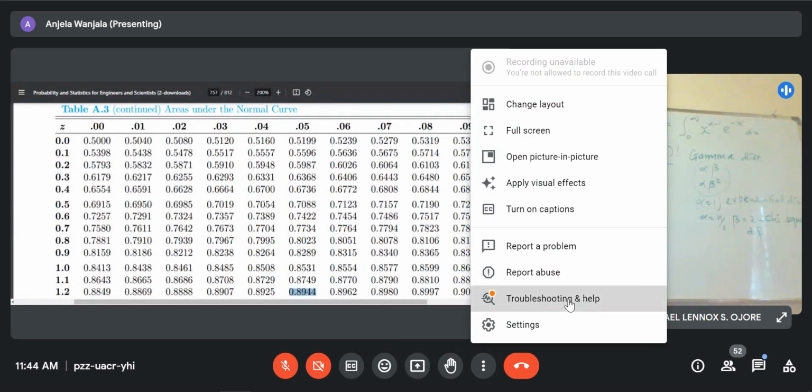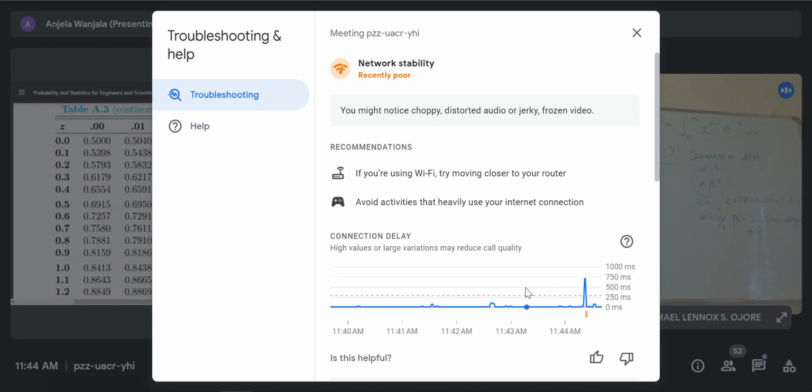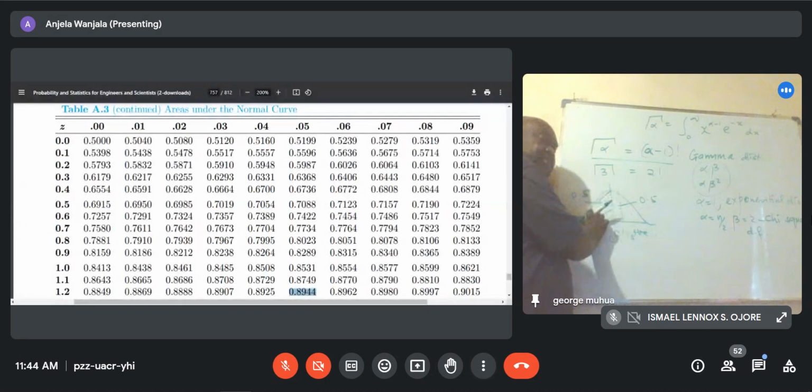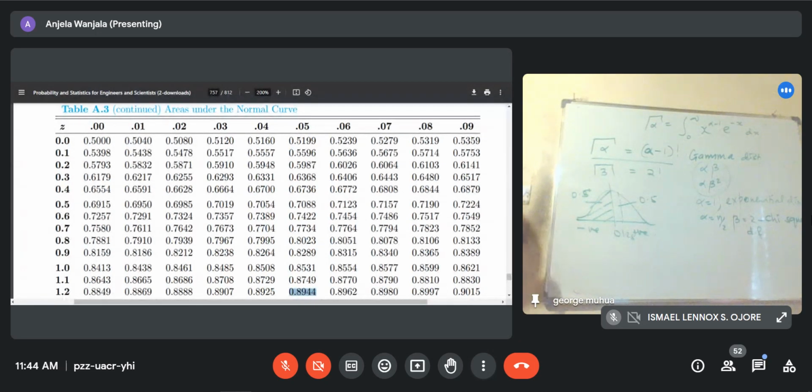So that is why some tables only have this shaded, but that means you need to add 0.5 all the time. But if it is shaded up to the point, like in her illustration, then that area is covered, 0.8 something.